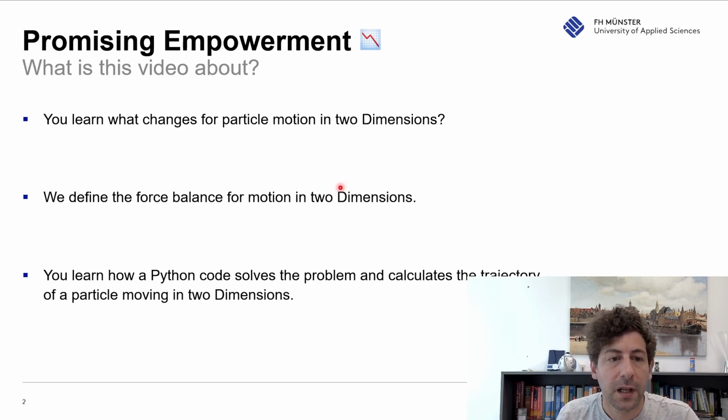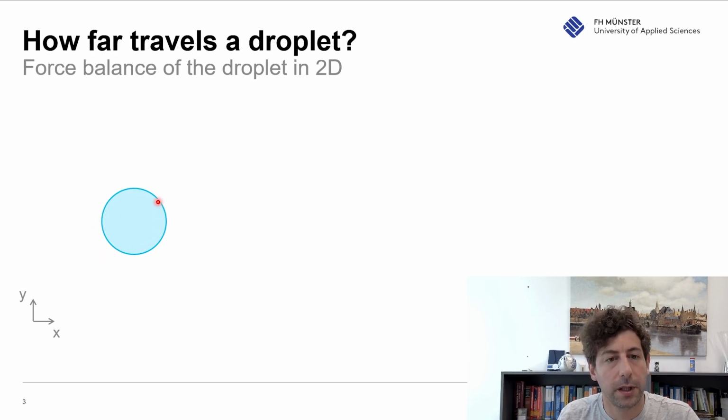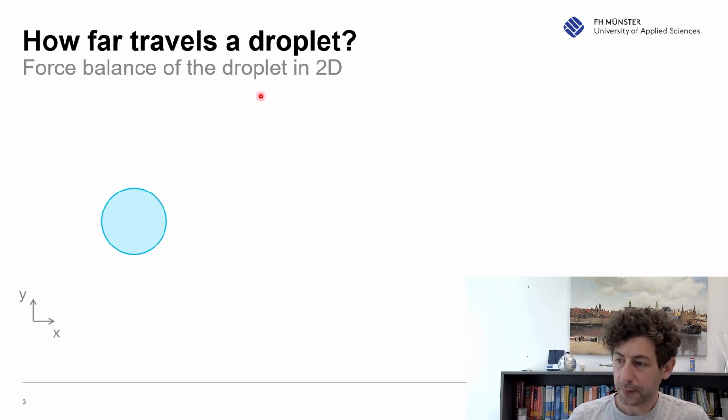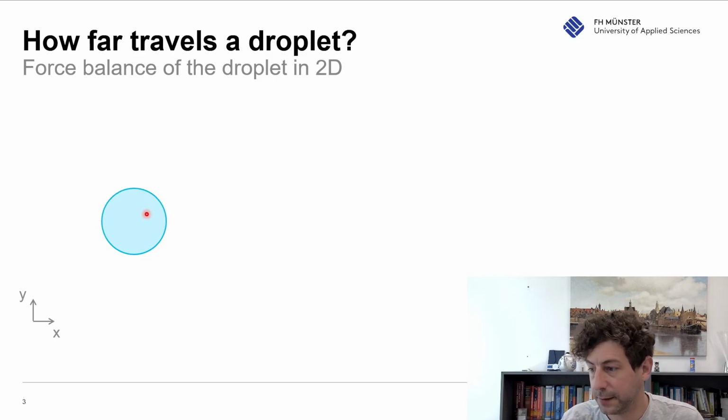For particles in 2 dimensions, the example I have here is a droplet, because in the corona time we had this 1.50 meter distance because of the flying of droplets when I sneeze or cough, right? So you can think of this as a particle, a droplet out of my mouth when I sneeze.